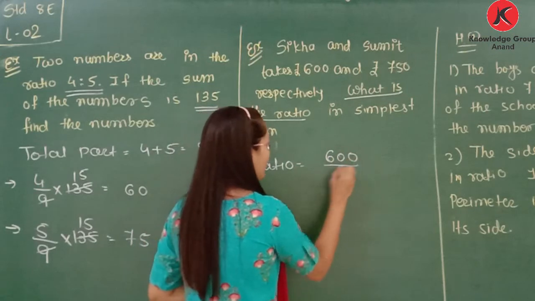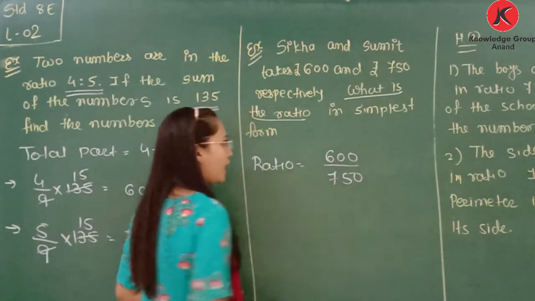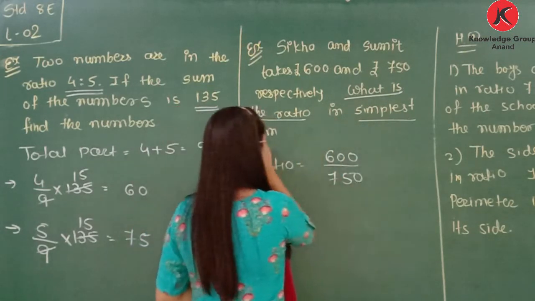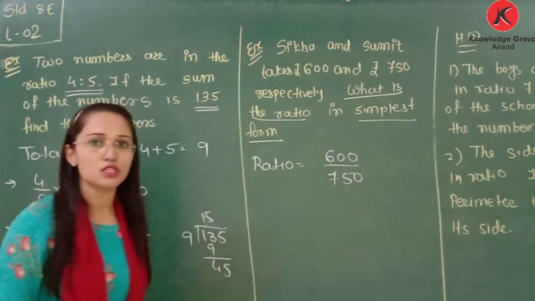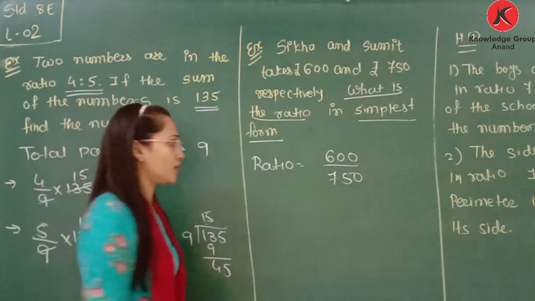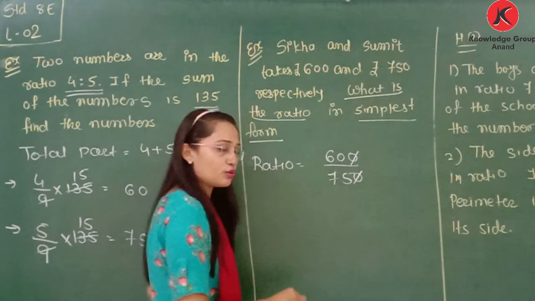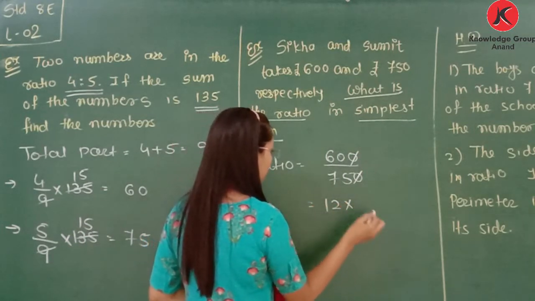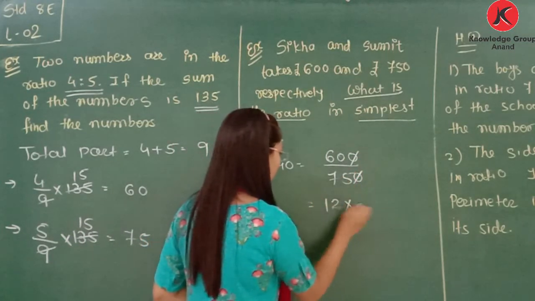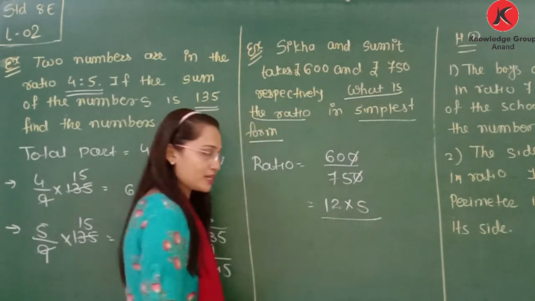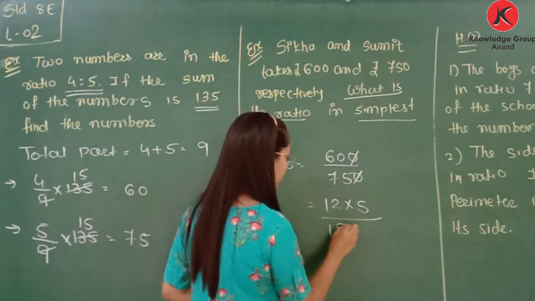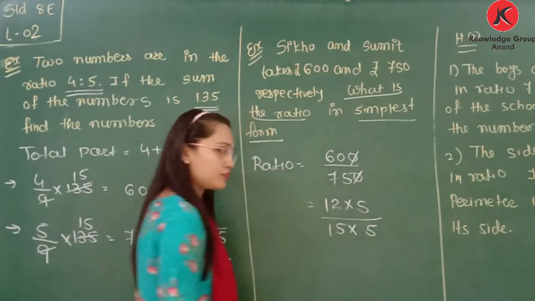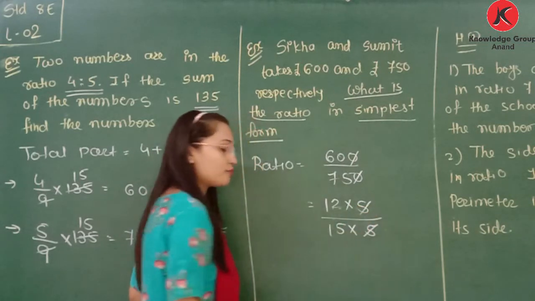600 to 750. Now in simplest form, the common factor must be 1. So we can cut the common factor 0 here. Then 12 fives are 60, 15 fives are 75, so cut the common factor 5.